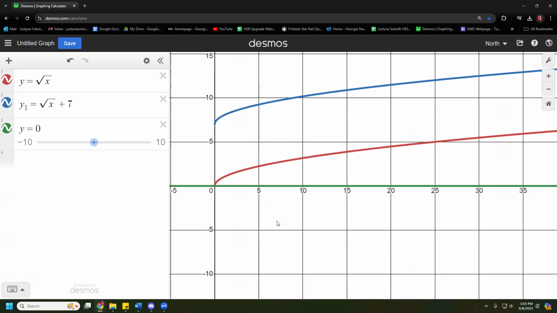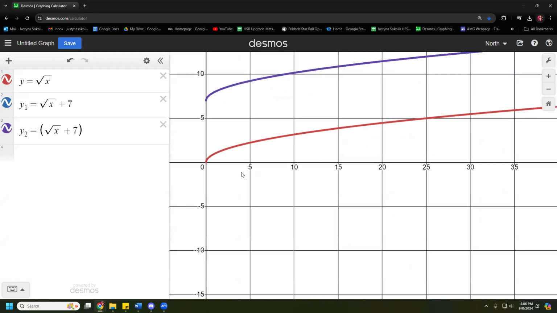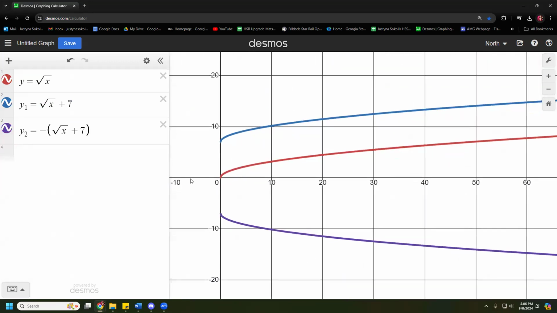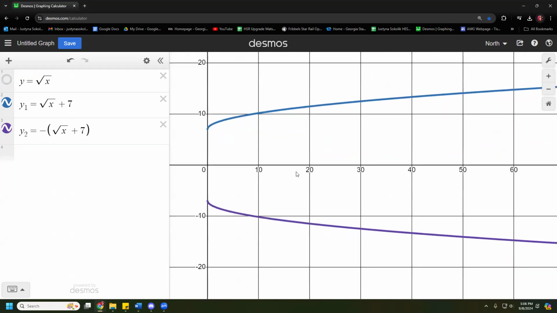And vertical transformations, you always apply them to the whole function. So what I want to do is take my y1, and make something called y2. I'm going to take the previous guy, this thing over here, and multiply the whole entire thing by a negative, and in theory, that should be a flip over the x-axis. Sure enough, it did exactly that. So I'm going to go ahead and turn off the original one.